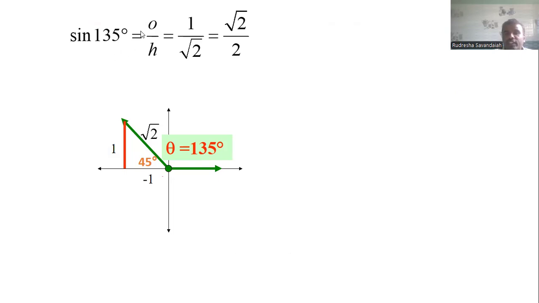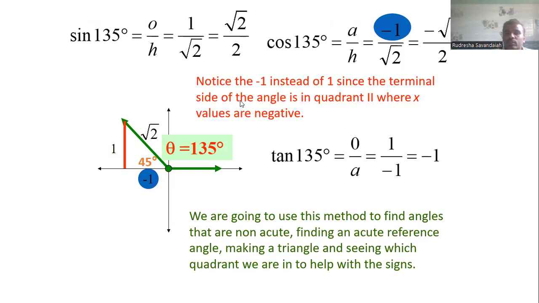Sin 135 degrees is opposite by hypotenuse, 1 by root 2, or root 2 by 2. Cos 135 is adjacent by hypotenuse, minus 1 by root 2, or minus root 2 by 2. Notice the minus 1 instead of 1, since the terminal side of the angle is in quadrant 2, where x values are negative. Tan 135 is equal to opposite by adjacent, 1 by minus 1, which is minus 1.